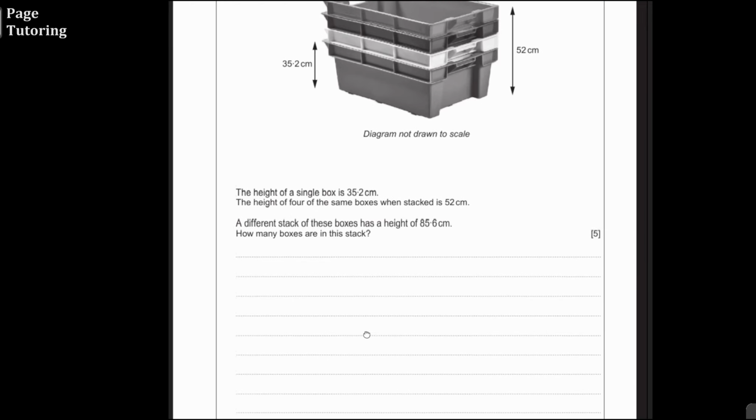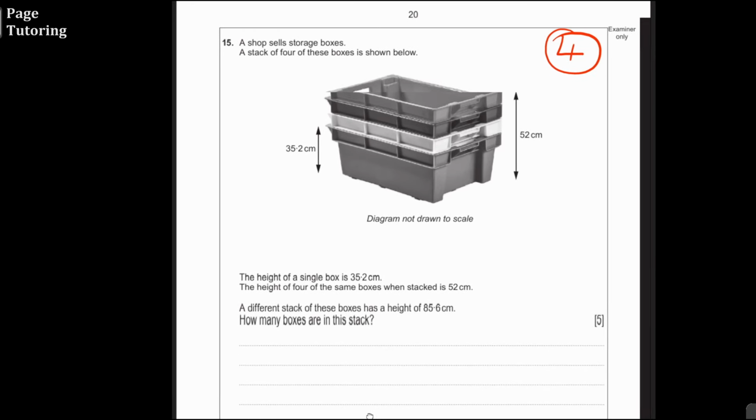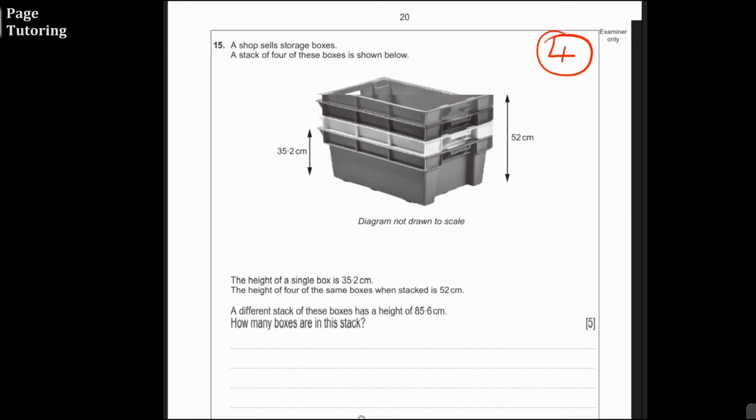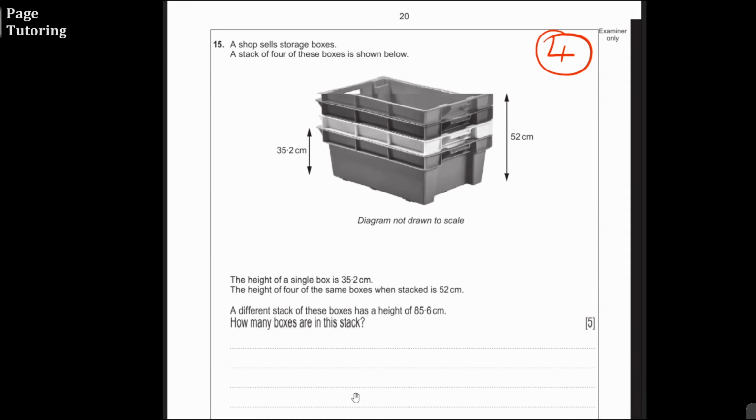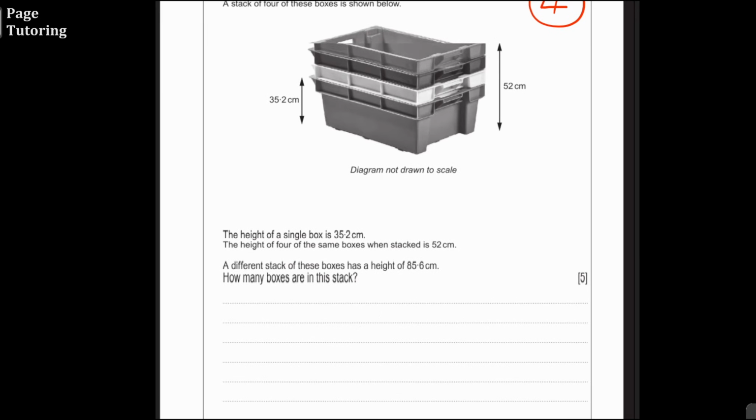So what we want to do is try and make an equation from all these words and all these measurements so we can figure out the number of boxes. So if we start writing things down, the total height, so 52 centimeters, is equal to an initial height of this box, 35.2 centimeters, plus, and now let's have a look.